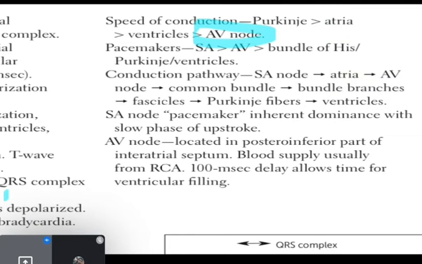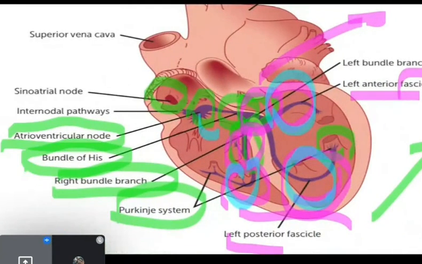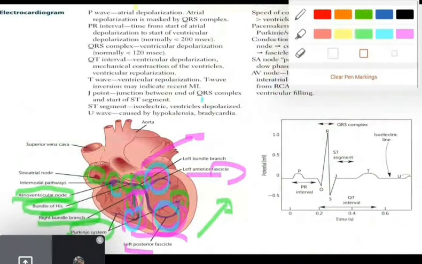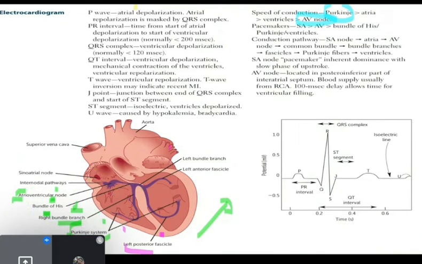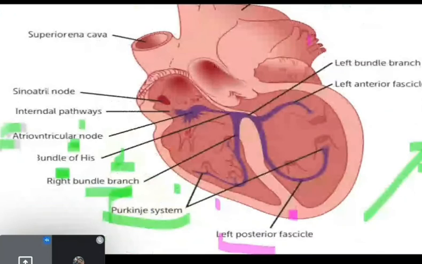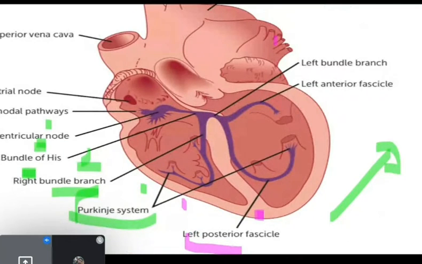Now, the fastest in conduction is the Purkinje. You can guess why if you look at the picture. The Purkinje fibers transmit the signals to the muscles, and the muscles of the ventricle contract at the same time.